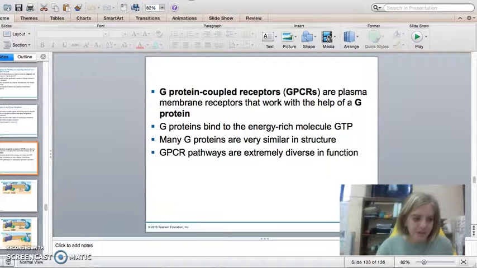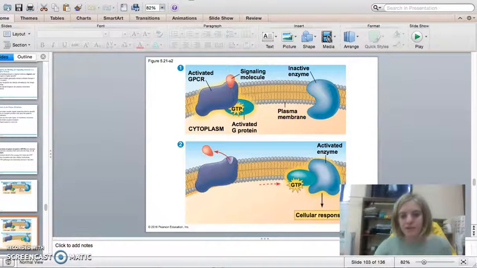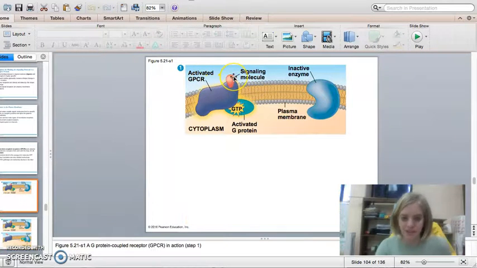So here you can see a little bit of what this looks like. Here we have our signaling molecule coming in, and we have our GPCR, the G protein coupled receptor.